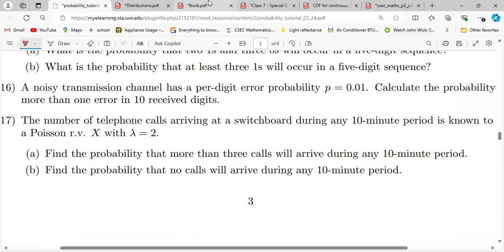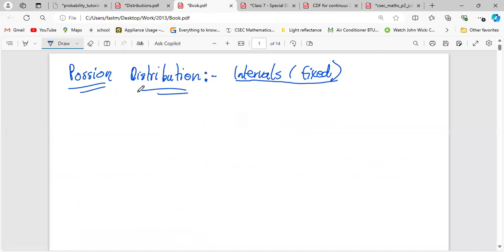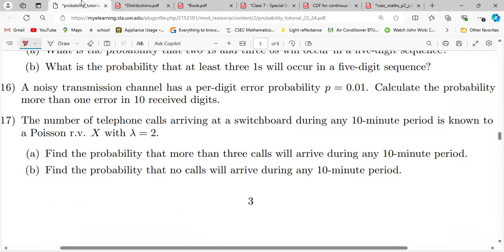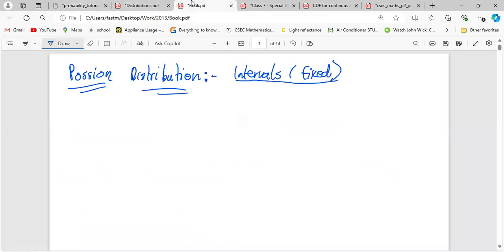Let me just see if I spell that correctly. So it's P-O-I. Okay, so let's go through the stuff. The first thing is the random variable. X follows Poisson, and the parameter for Poisson is lambda.